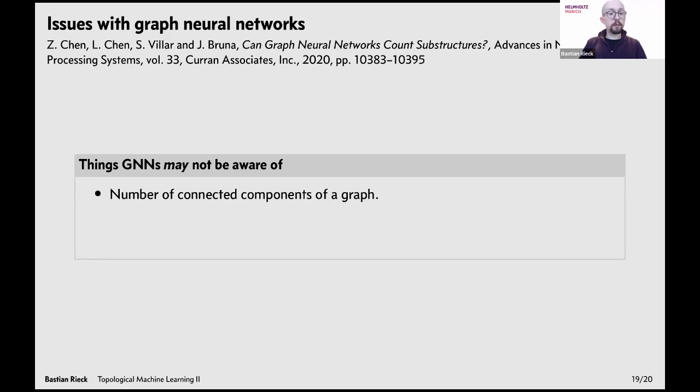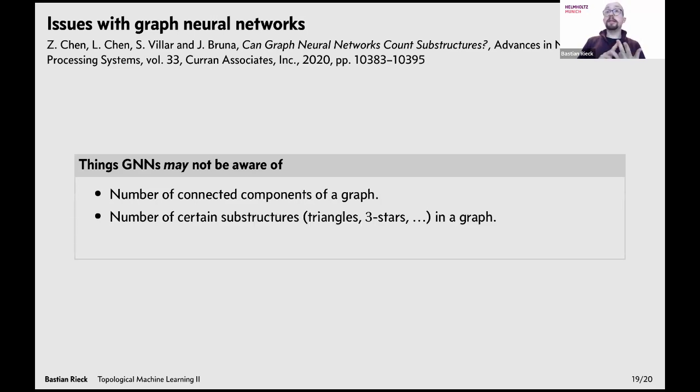That's in a NeurIPS paper from 2020, and they found that there are a lot of properties in a graph that your regular graph neural network might not be aware of, such as the number of connected components in a graph, the number of certain substructures, so for instance triangles or three-stars or other types of motifs, and the number of cycles of arbitrary length in a graph. In particular, this last one will come in handy for the next lecture, because we will be developing a new architecture that incorporates such information.